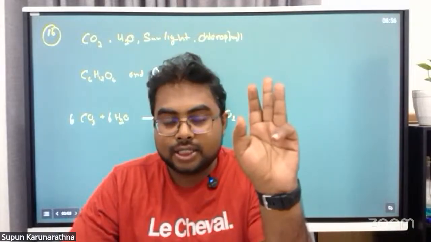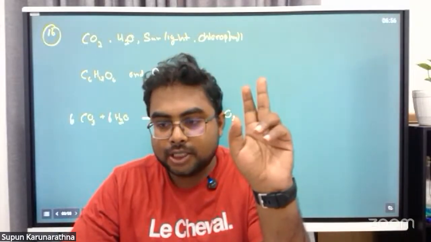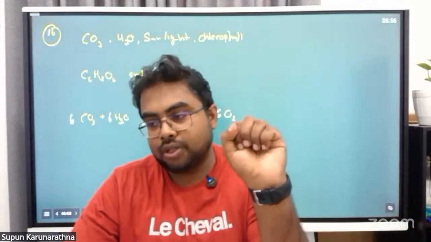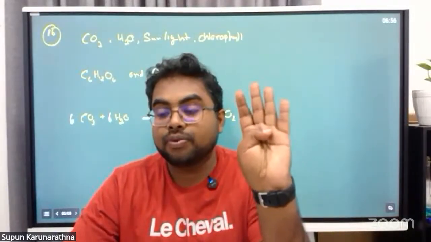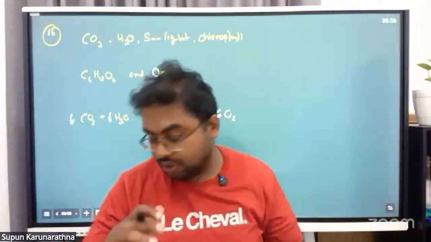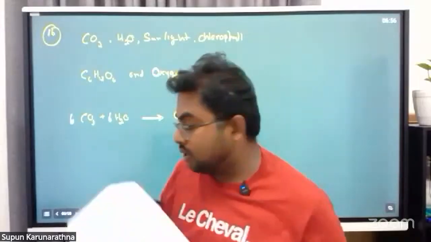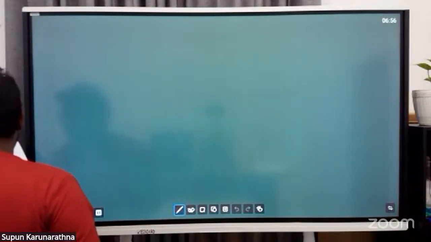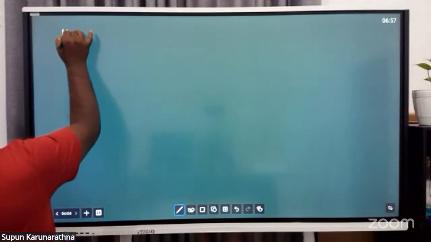Single displacement, double displacement, chemical combination, chemical decomposition. Those are the main 4 types of chemical reaction you want to know. So what do you mean by combination? Chemical combination, example for the chemical combination reaction.